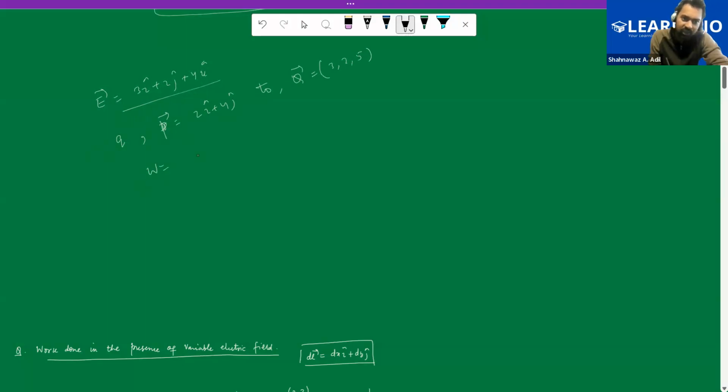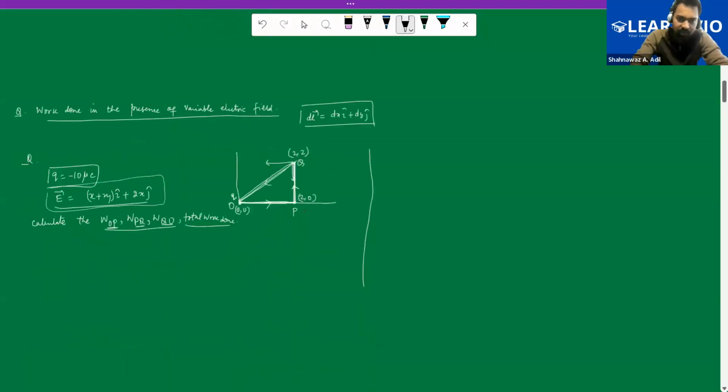We just calculate this as minus QE dot (r final minus r initial), so in this case this would be rQ minus rP. These kinds of questions you have done, so we'll not do this, but we'll do the variable one.